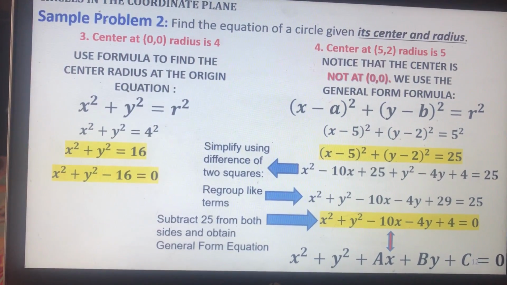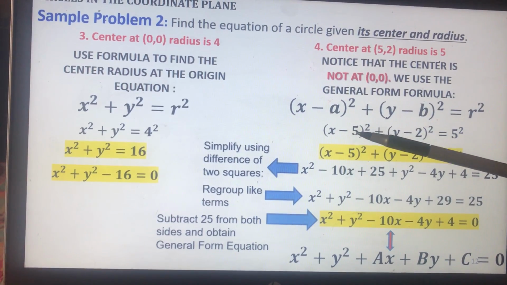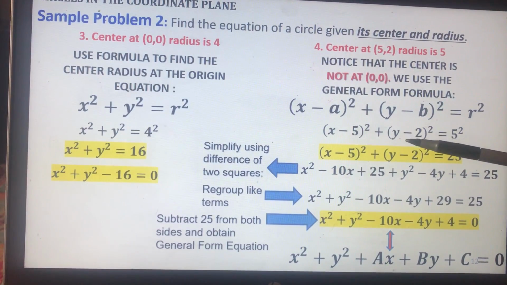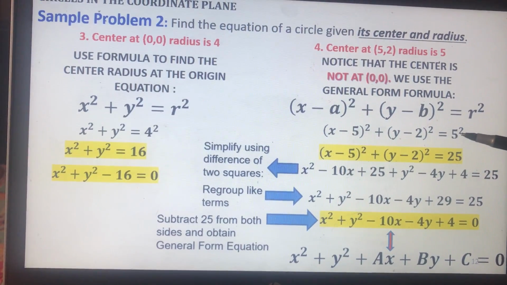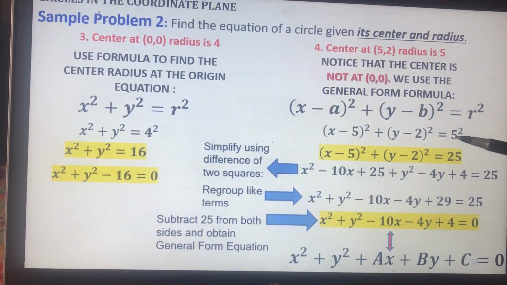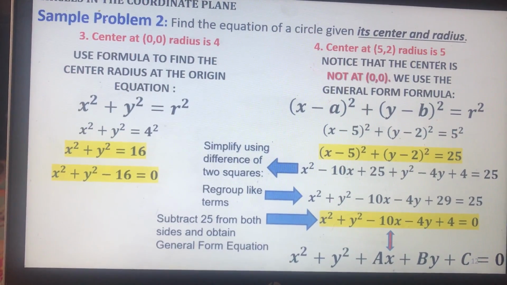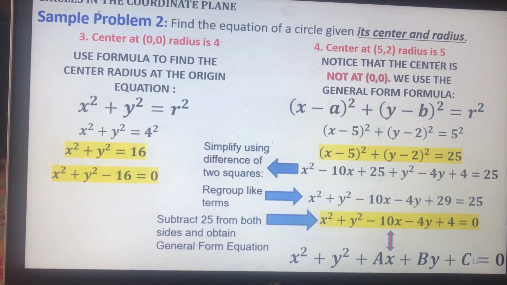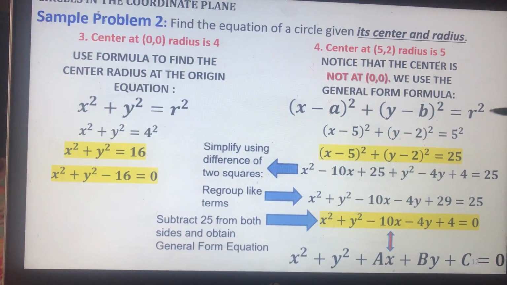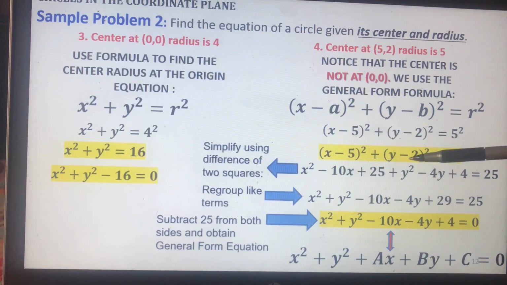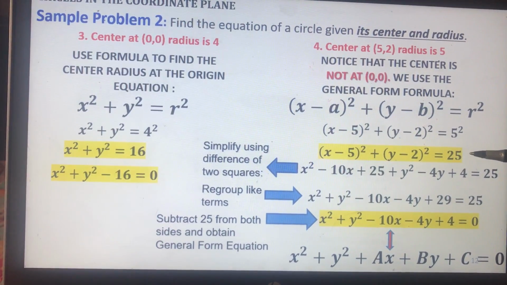So we simply plug in our values and we get (x - 5)² + (y - 2)² equals what? r², given that r is 5, it's going to be 25. So our general formula is reduced to (x - 5)² + (y - 2)² = 25.